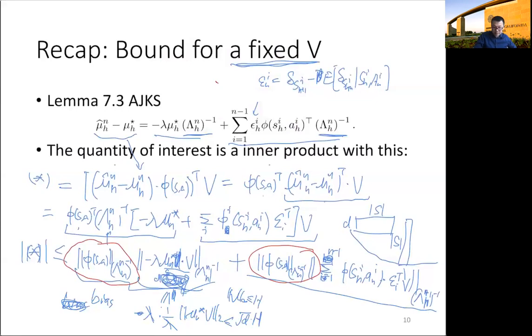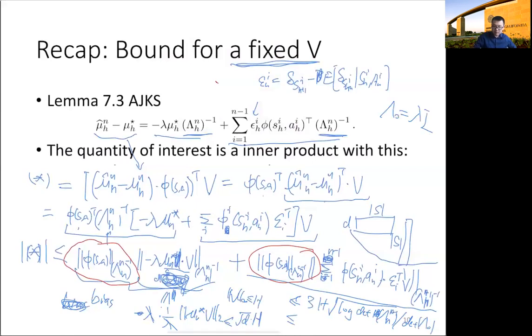And by this we can bound the second part of the variance term with 3h times this log information gain, log determinant of H minus 1 over determinant of lambda 0, and lambda 0 is simply lambda times identity, right?